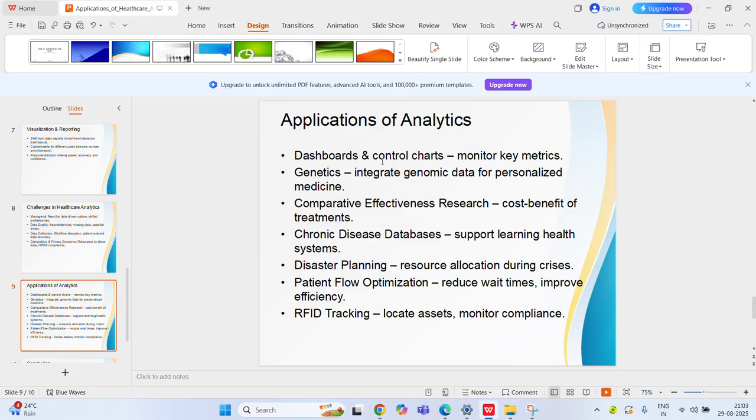We get support and resource allocation during the crisis. Then we have patient flow optimization, which reduces waiting time and improves efficiency. And the last application is RFID tracking, which helps to locate assets and monitor compliance. So these are the applications widely used in business analytics in the healthcare process.